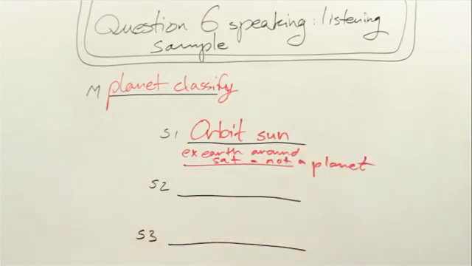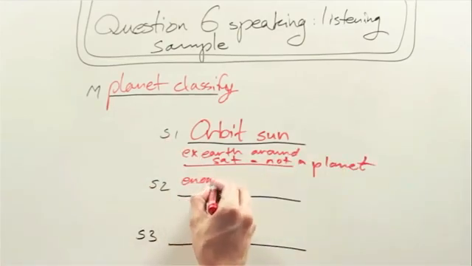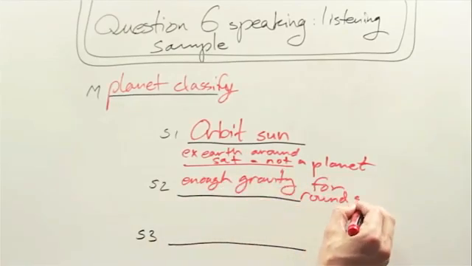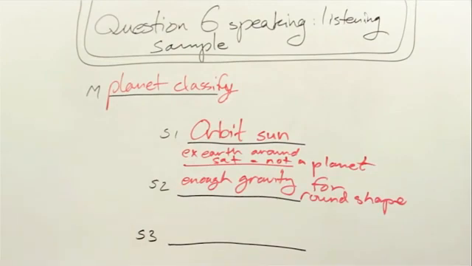Secondly, the object must have sufficient mass for its self-gravity to overcome rigid body forces so that it assumes a hydrostatic equilibrium. Or, in more simple language, it has to have a round shape. It's related to the size of the planet, but isn't necessarily determined only by its size.